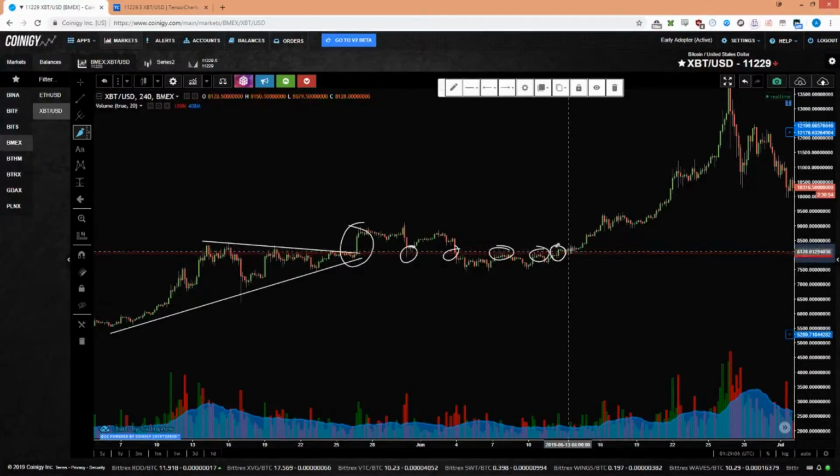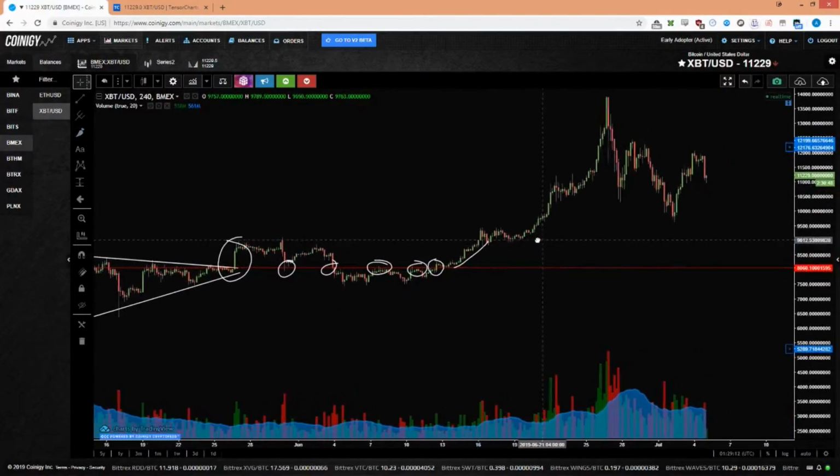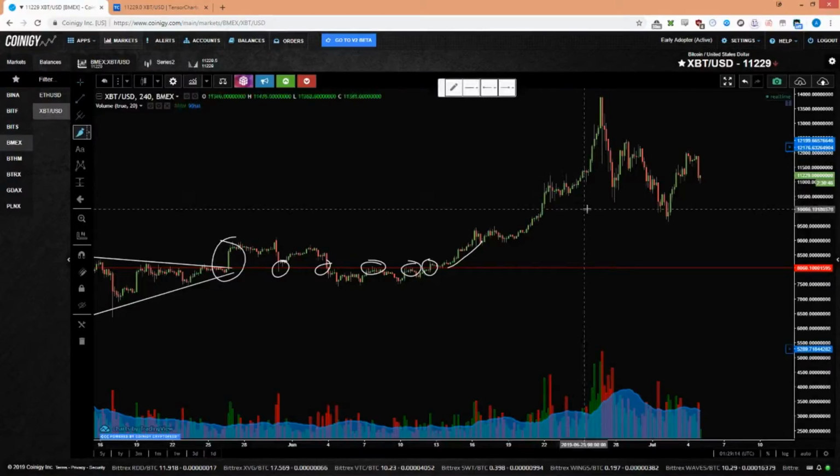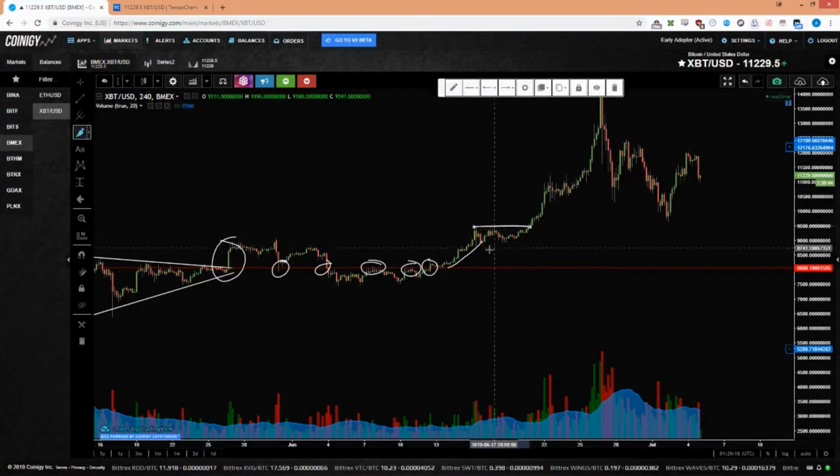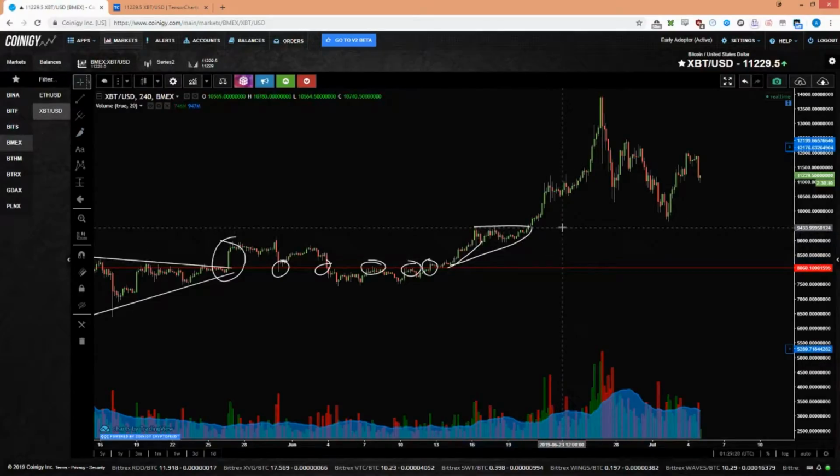And then if you break it again, it will become your support, and then you get a breakout. And then you get the same thing happening here. And then this becomes another level.